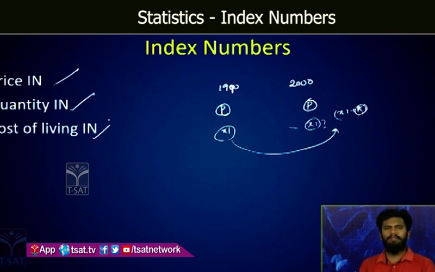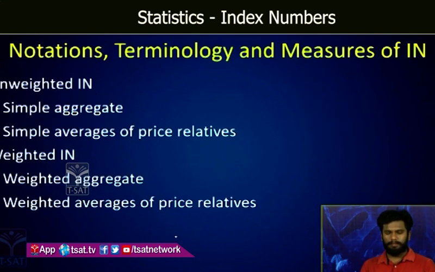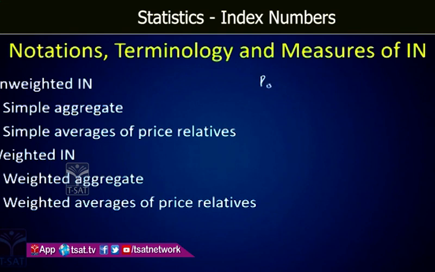Next, we will see the basic terminologies and notations in index numbers. First, P0. This P0 is the price in base year. Now what is this base year? Base year is nothing but the one with which we are comparing our values. So let us consider 1990 and 2000.